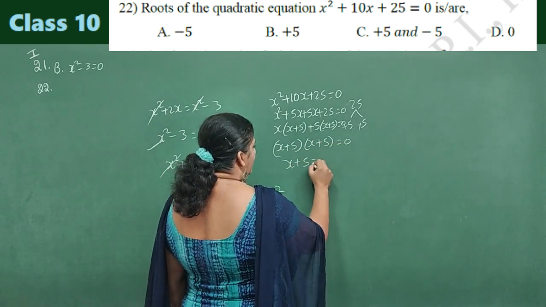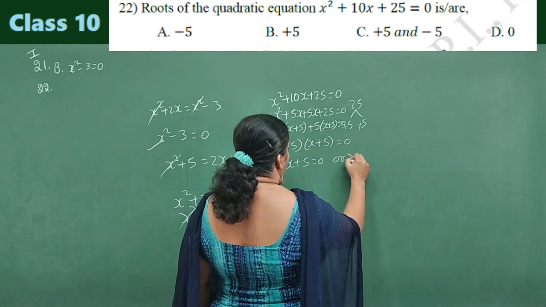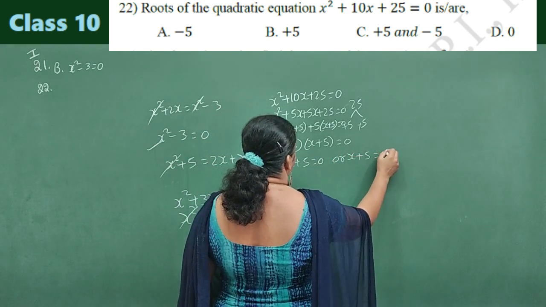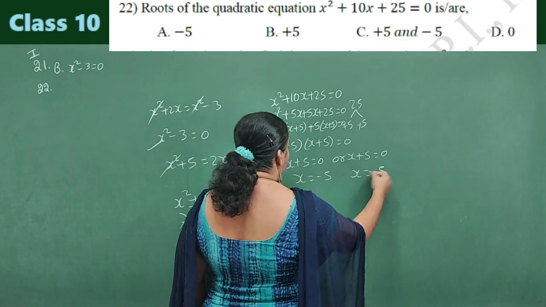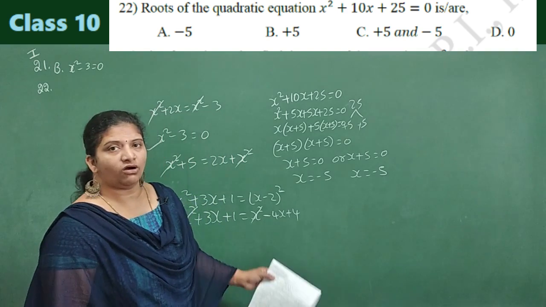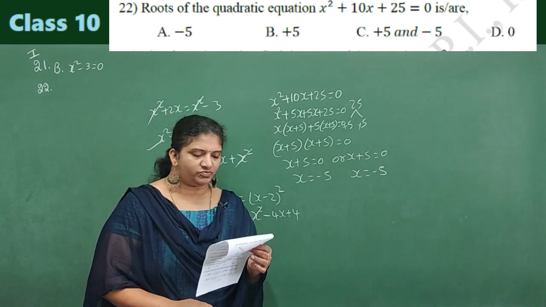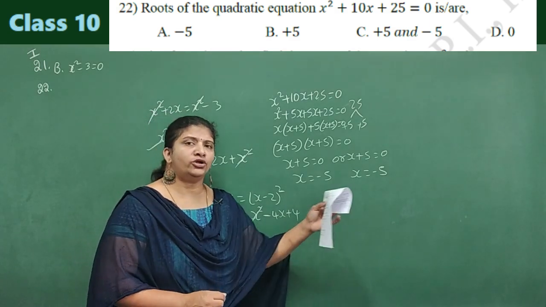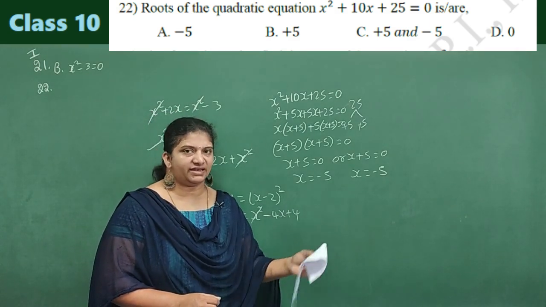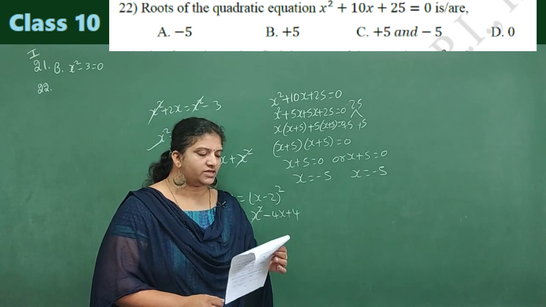X plus 5 equal to 0 or x plus 5 equal to 0. X is equal to minus 5 or x is equal to minus 5. So both we got a negative answer. Check for the option. Minus 5, minus 5. We got two roots, same answer, that is minus 5. So see the options.